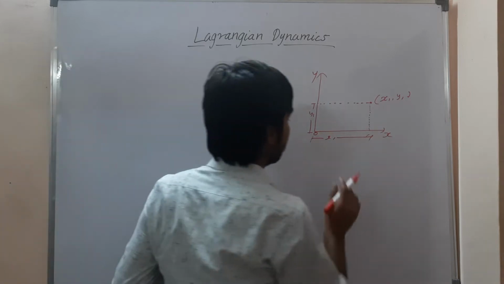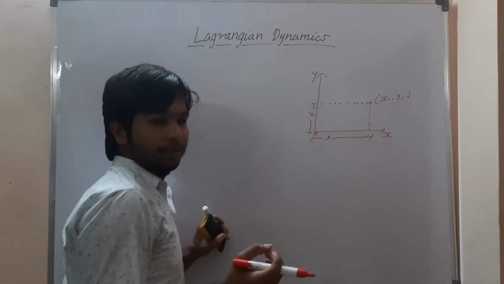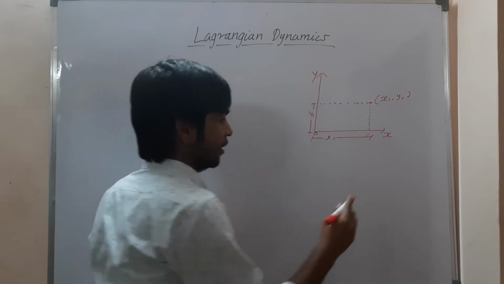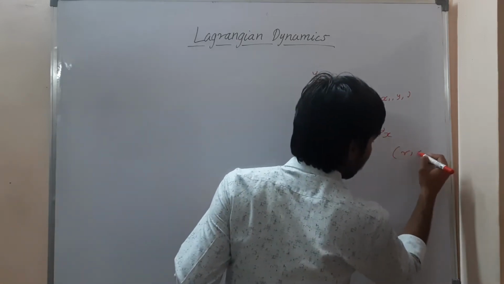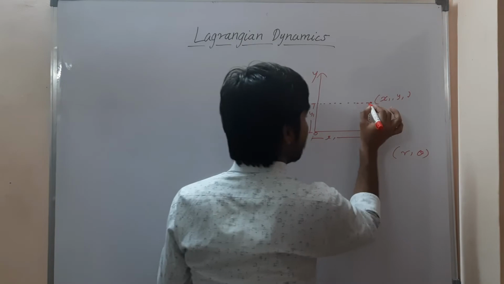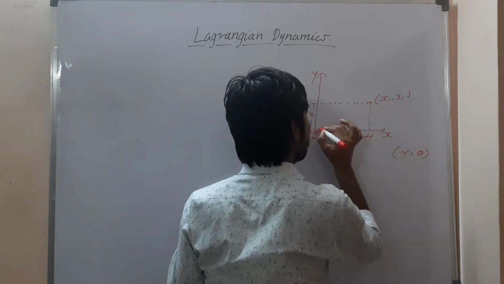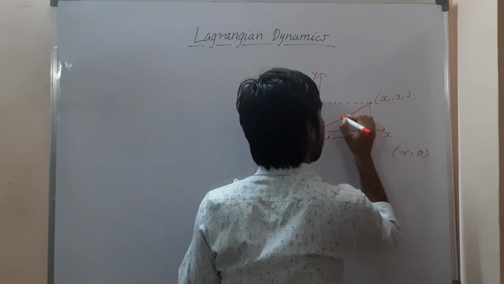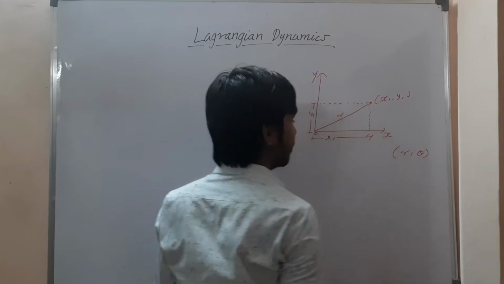Similarly, if I want to show it in the cylindrical coordinate system, we use r and theta. For that, let me take the position and the origin. We connect them, and that is r.